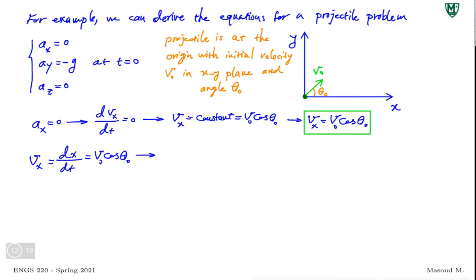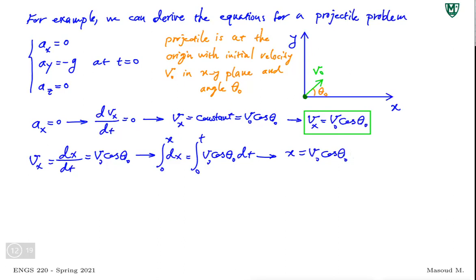What does this tell me? It tells me if you take the integral of both sides, I'm just going to write it: the integral of dx from 0 to some x is equal to the integral of v naught cosine theta naught dt from 0 to some t. So that will be x is equal to v naught cosine theta naught t. That's it.